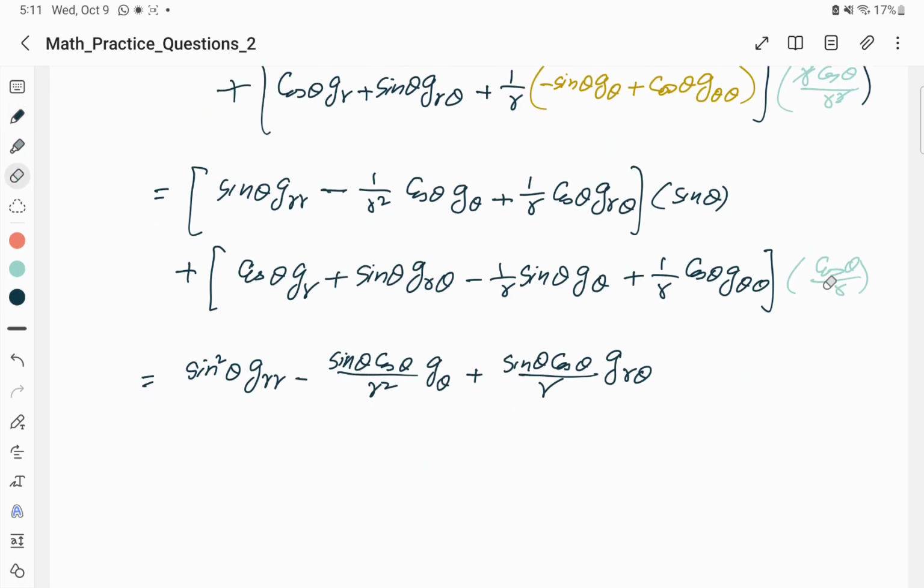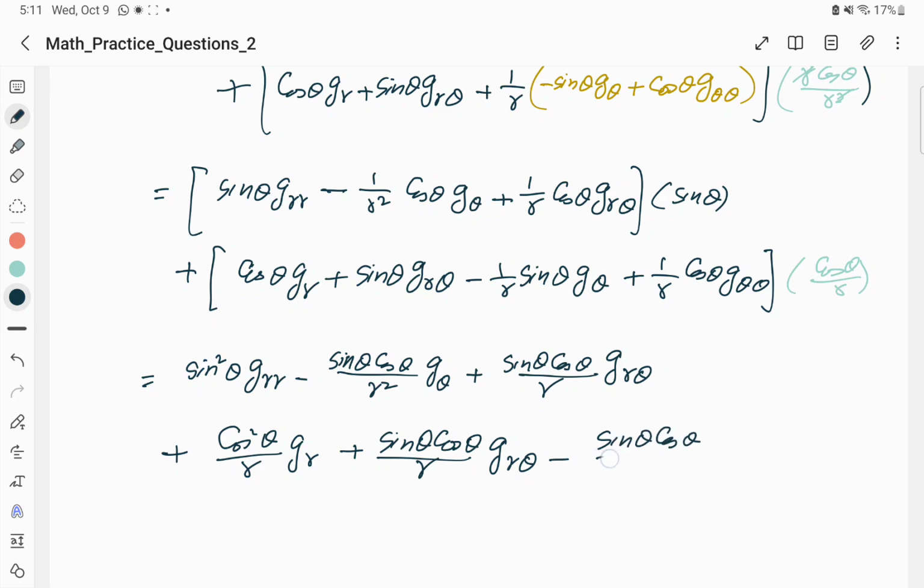And when I multiply with this expression over here, it will become plus cos square theta over r g r plus sine theta cos theta divided by r, and here it is g r theta, then negative sine theta cos theta over r square g theta, and plus cos square theta over r square g theta theta, on multiplying these expressions.